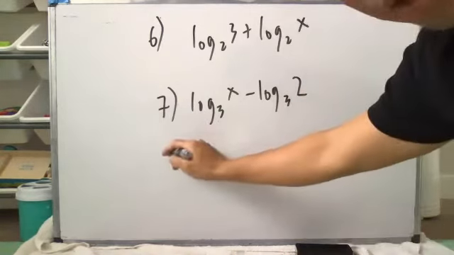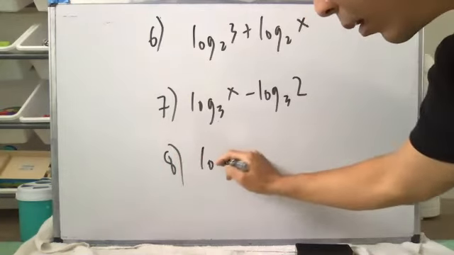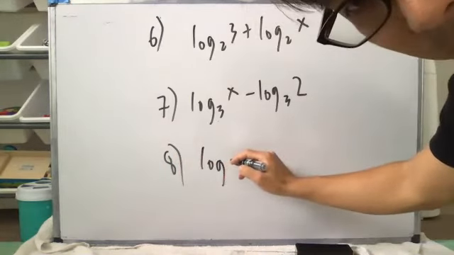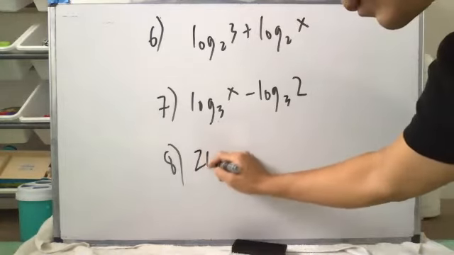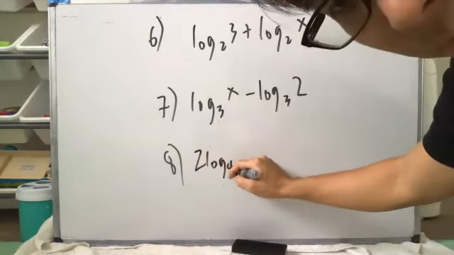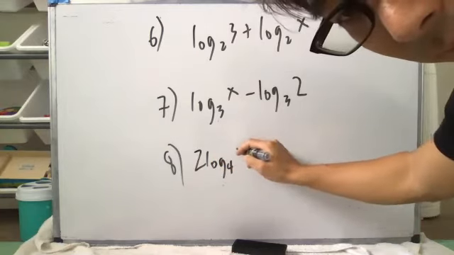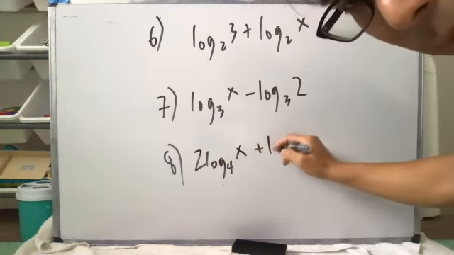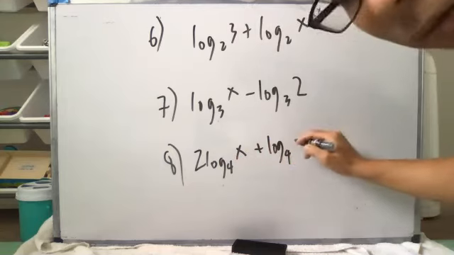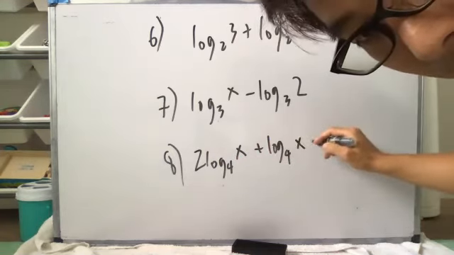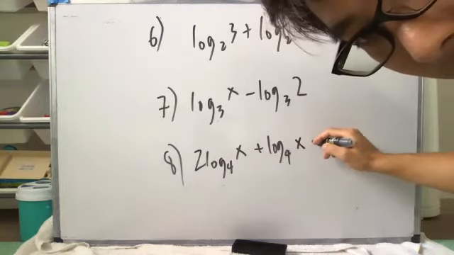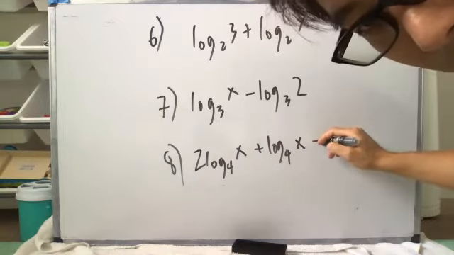And then number 8: log base 4 of x plus log base 4 of x minus log base 4 of x minus 1.